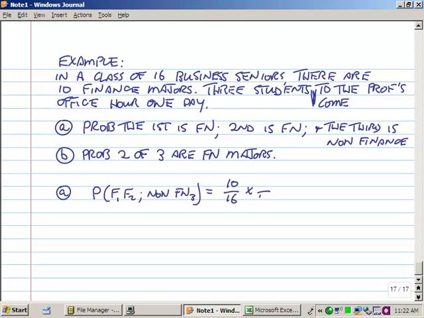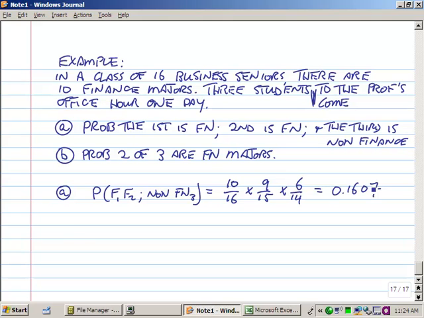Then we have 15 students left, and the probability that the second is finance, assuming that these students are different, they don't come back, so we have 9 finance left, so 9/15ths. And then we have 14 students left, and there are 6 non-finance. They haven't been chosen yet, so that is it. Alright, so 10 times 9 times 6 divided by 16 times 15 times 14. And if I remember correctly, the answer to that is 0.1607.